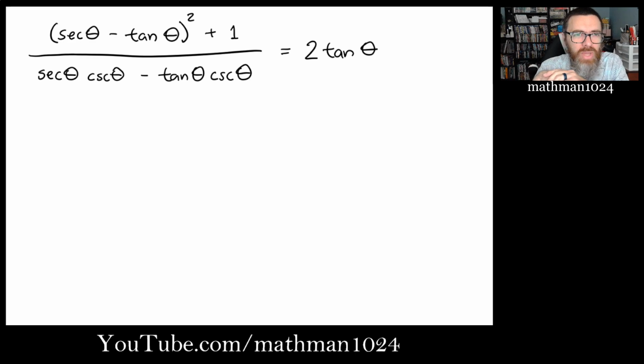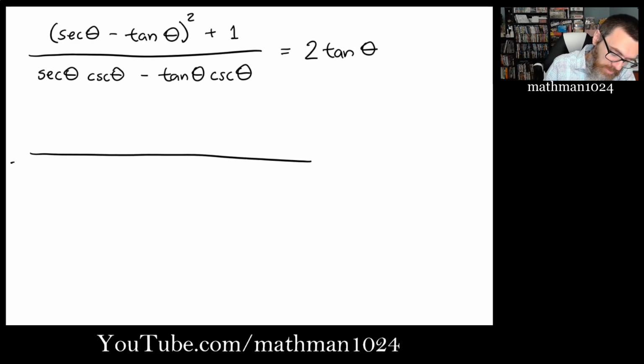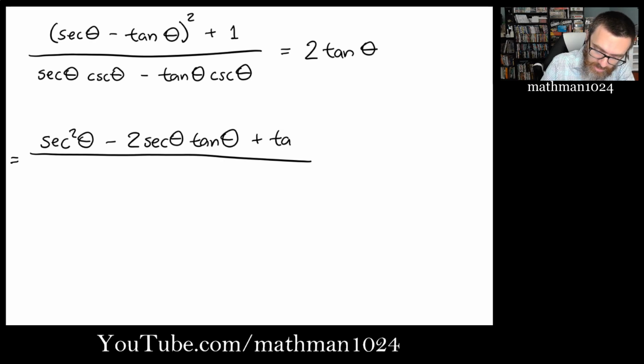Now, to do that, I recommend that you start off by squaring everything. Not squaring everything, but squaring the secant minus tangent. So big fraction here, when I square this, we get secant squared theta minus 2 secant theta tangent theta plus tangent squared theta, and then we have the plus 1.